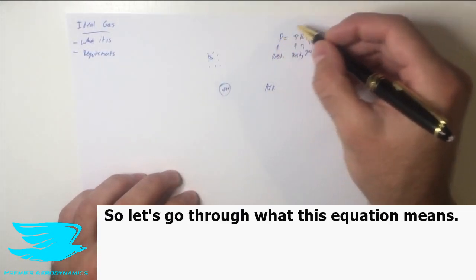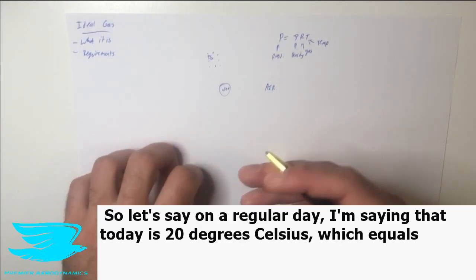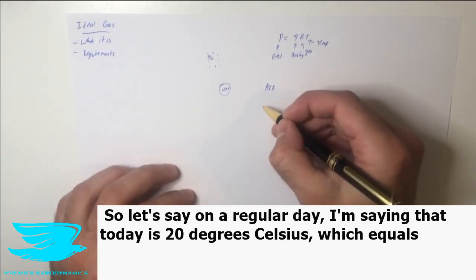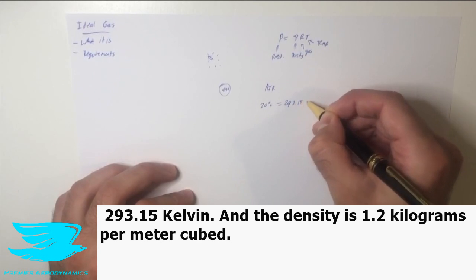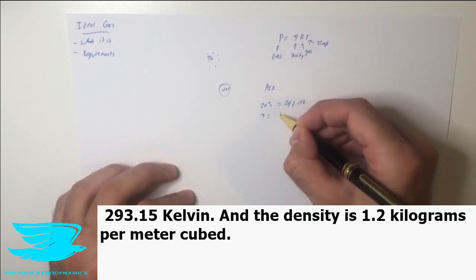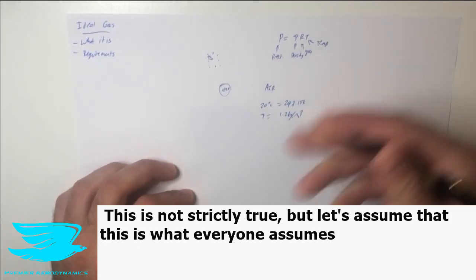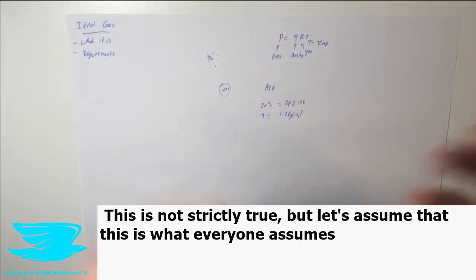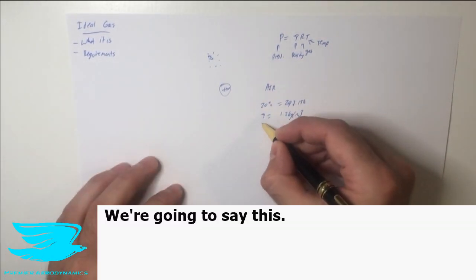So let's go through what this equation means. Let's say on a regular day, today is 20 degrees Celsius, which equals 293.15 Kelvin. And the density is 1.2 kilograms per meter cubed. This is not strictly true, but let's just assume that because this is what everyone assumes, like we always assume 1.2, 1.225. It does change though. We're going to say this.